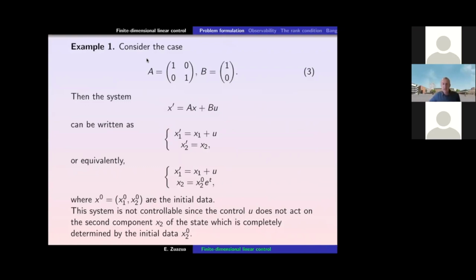So this is a very simple example. This is the case where the matrix A is diagonal. You could also make it more general and take here lambda 1 and lambda 2, right? And then you see, in that case, the system is diagonal. It means that in the free dynamics, the dynamics given by A, there is no interaction between one agent and the other.